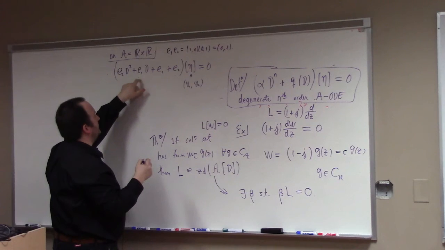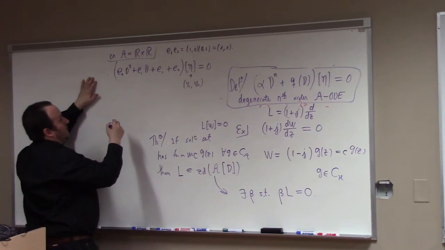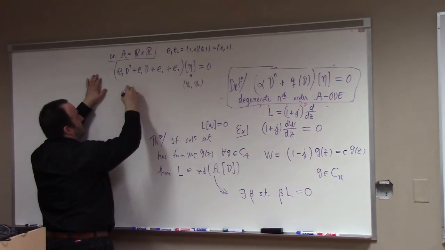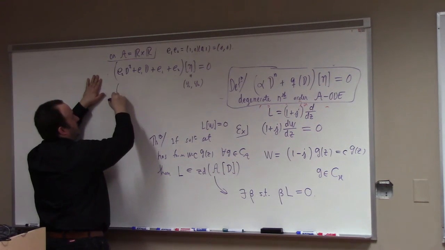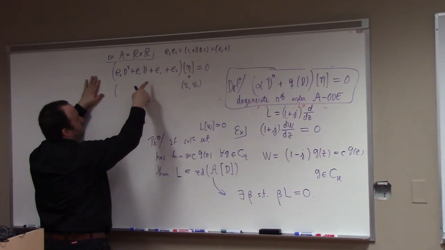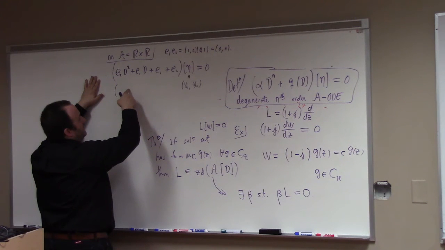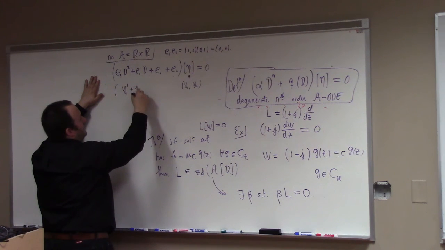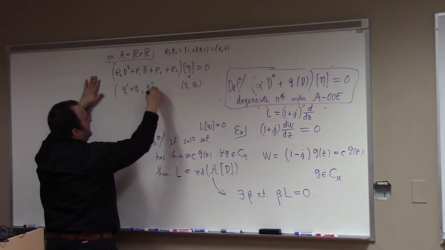I think we end up with y1 prime plus y1, and from this one, y2 prime prime plus y2.